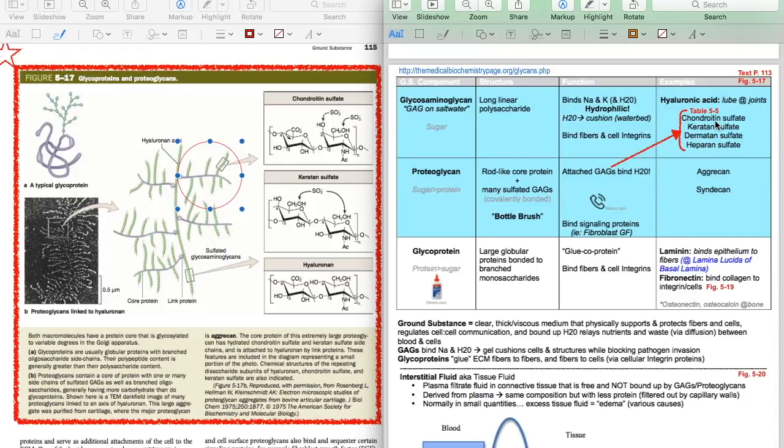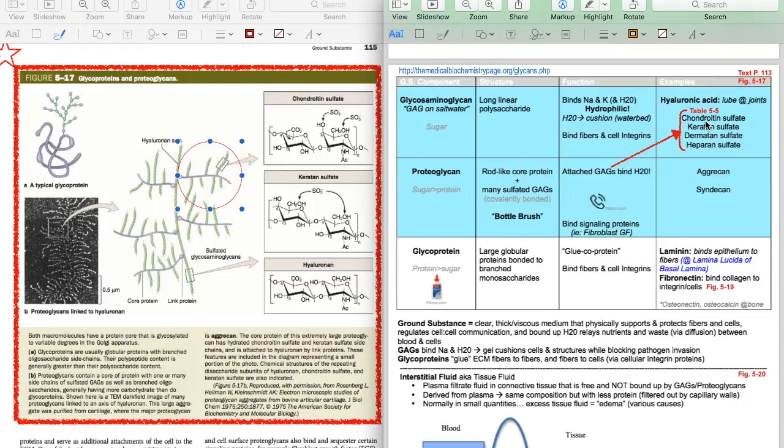Sulfated GAGs are attached to protein rods to form proteoglycans. There are 4 types of sulfated GAGs that you need to know these words and be able to rattle them off: chondroitin sulfate, keratin sulfate, dermatin sulfate, and heparin sulfate. Be able to rattle these off and list them, because you probably have to list them for a test question, or at least know them.